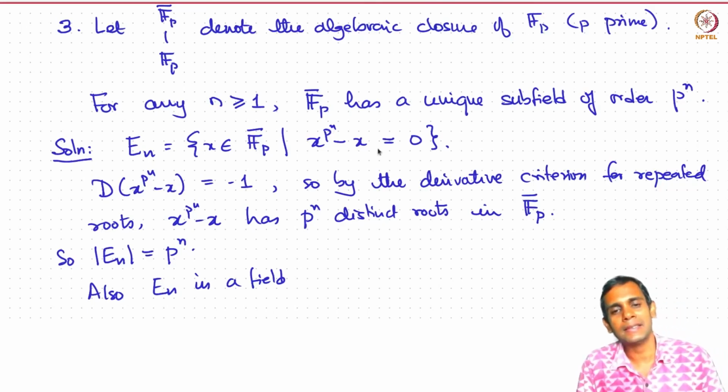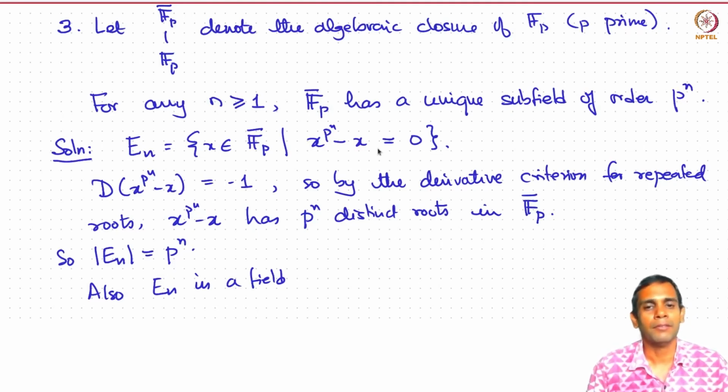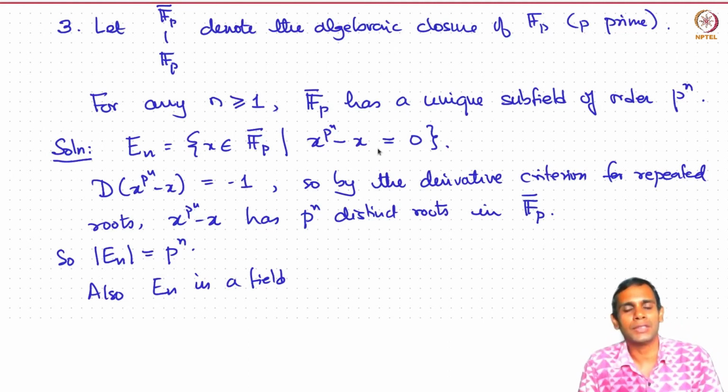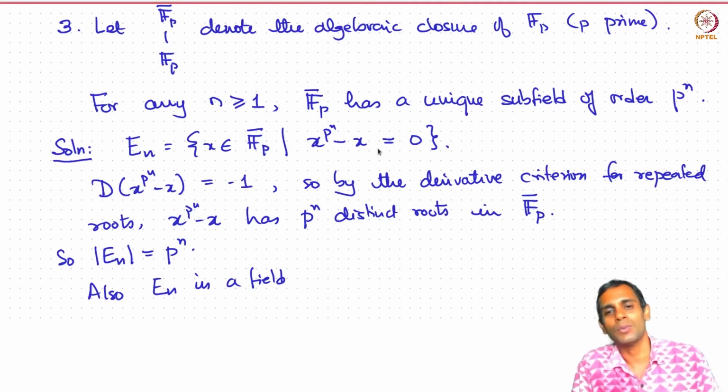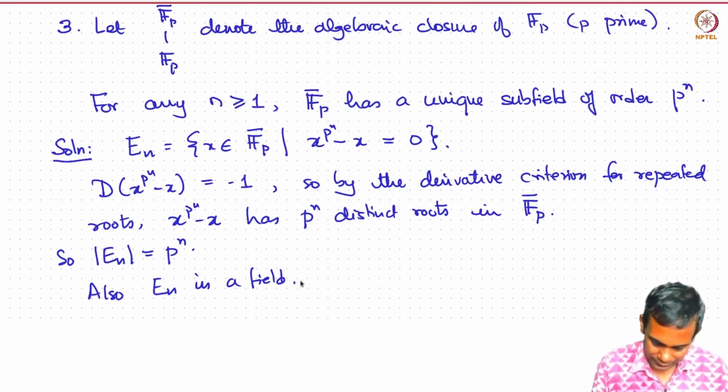And the interesting case is for x plus y, where you use the binomial theorem, but when you use the binomial theorem with the power of p, all but two terms will become 0 because all the binomial coefficients except for the first and the last one will be divisible by p. So using that, you can show that En is a field.